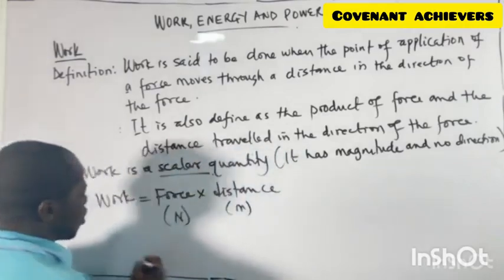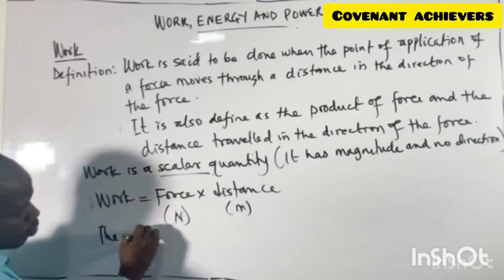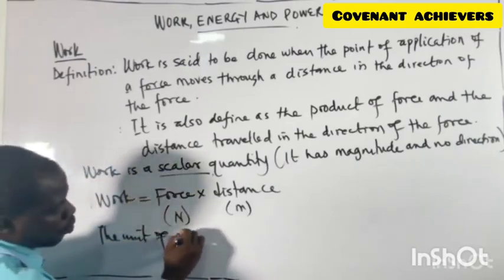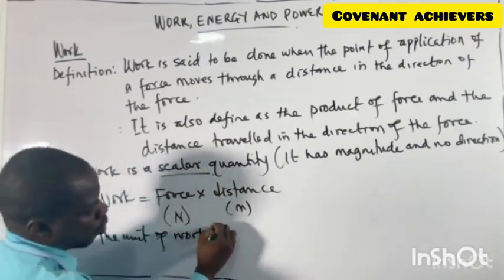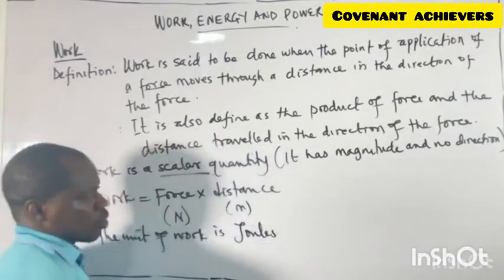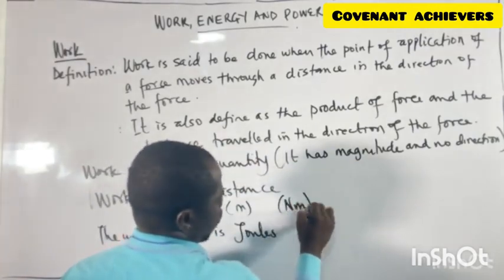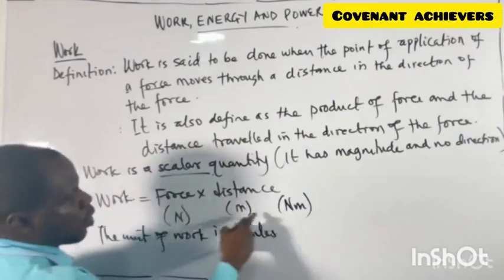So we can say that the unit of work is joules. Work is Newton meter: Newton for force and meter for distance.